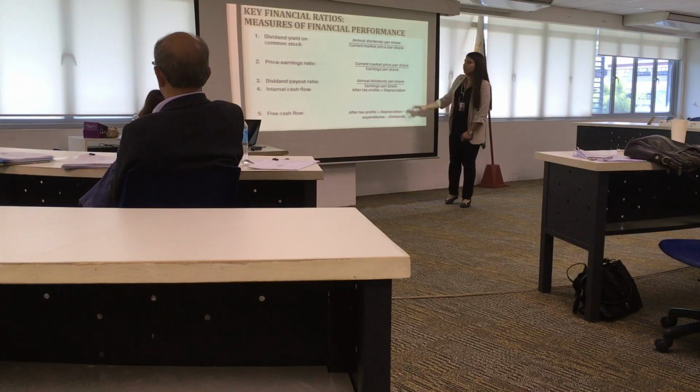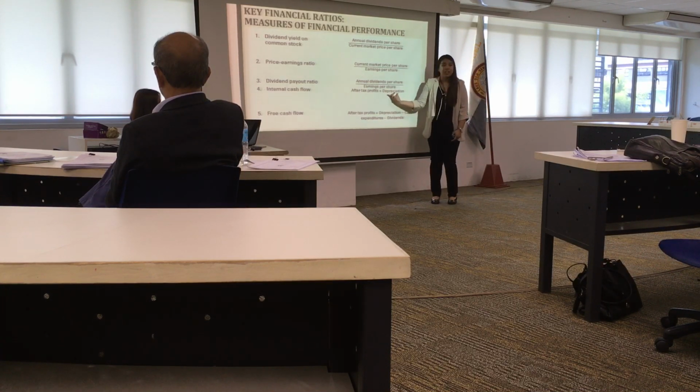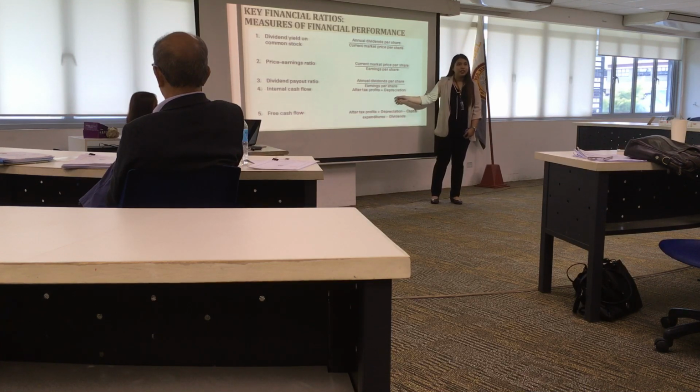Internal cash flow, it is after-tax profits plus depreciation. Why plus depreciation? We are after the cash flow. Take note, net income is the difference of your sales or revenue and all your expenses. Not all expenses are in the form of cash. Best example of non-cash expense would be depreciation. How do you incur depreciation?